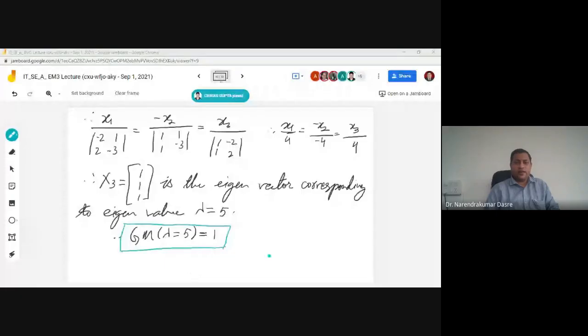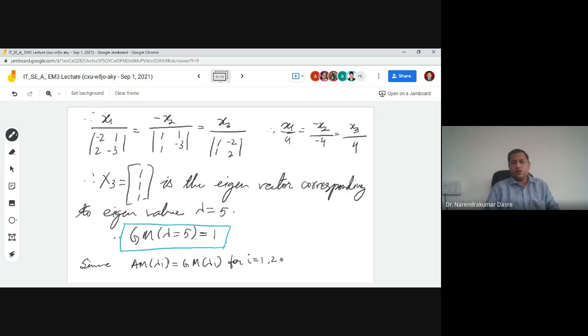Okay, so we can say here, since algebraic multiplicity of lambda i is equal to geometric multiplicity of lambda i for i is equal to 1, 2, 3, hence the given matrix A is diagonalizable.